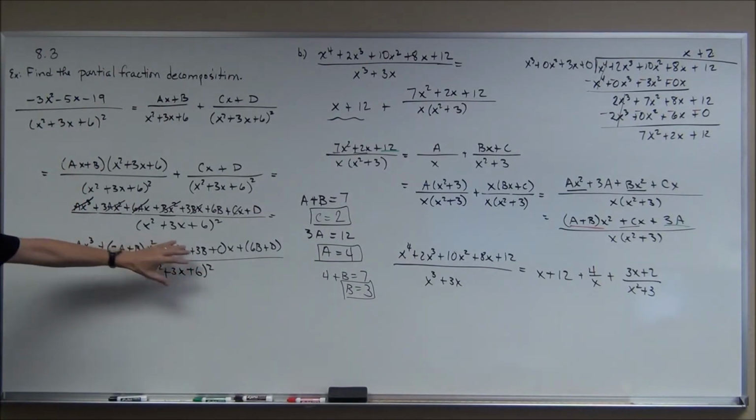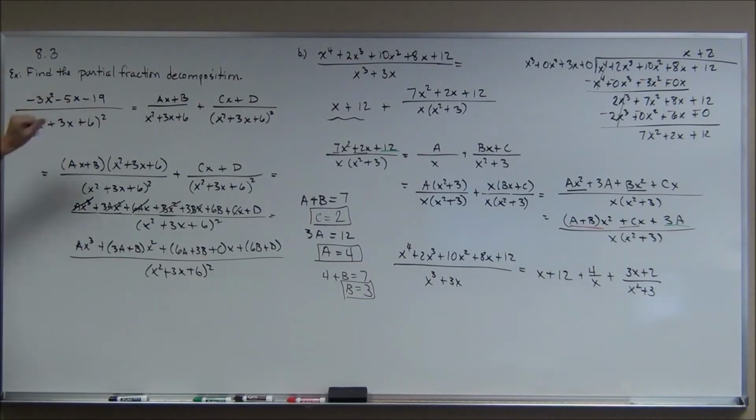Now remember, this guy equals this guy. So what does that tell me? It tells me that the coefficient of the x cubed must equal the coefficient of the x cubed up here. There is no x cubed term. So that would be like 0x cubed. So that means that a has to equal 0. That's good.